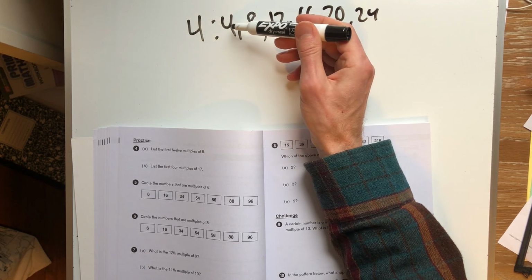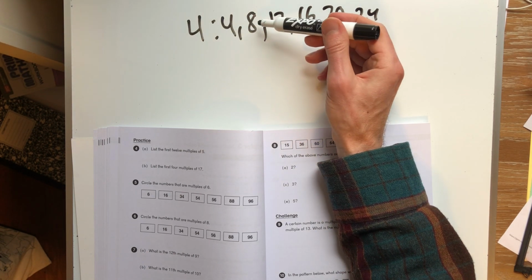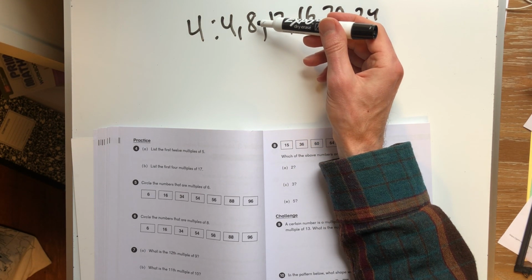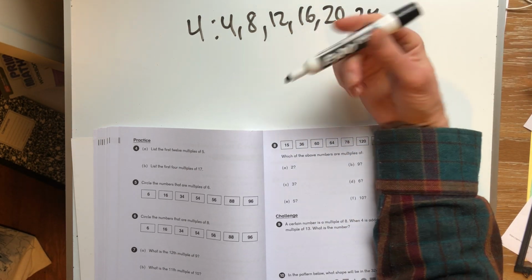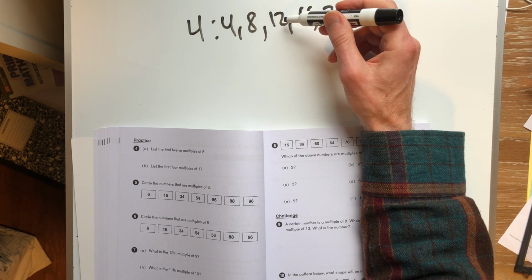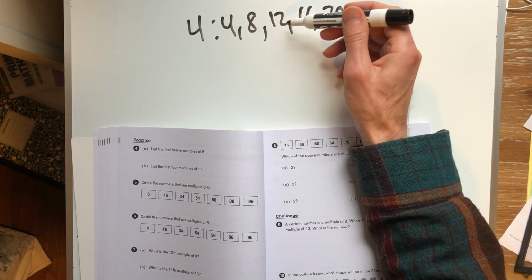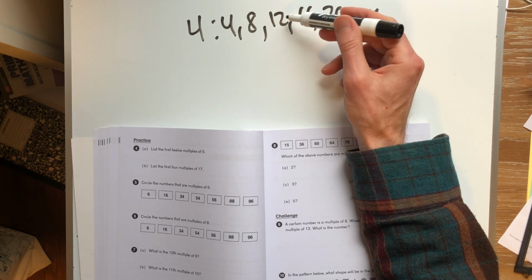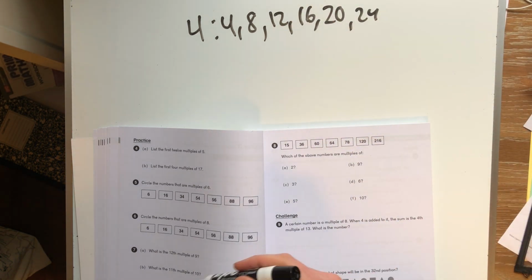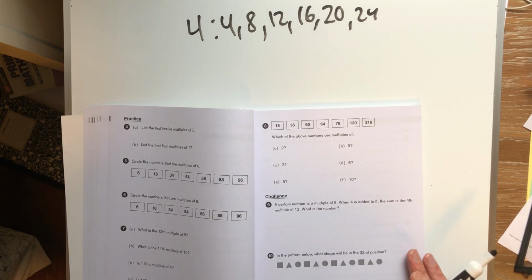Like half of 4 is 2, half of 2 is 1. Half of 8 is 4, half of 4 is 2. That's what you do when you divide by 4, you just half it twice. So 12 divided by 4, well, half 12 once, it's 6, half it again, it's 3. 12 divided by 4 is 3. So can you half those numbers twice? Might take a little while to figure that out.